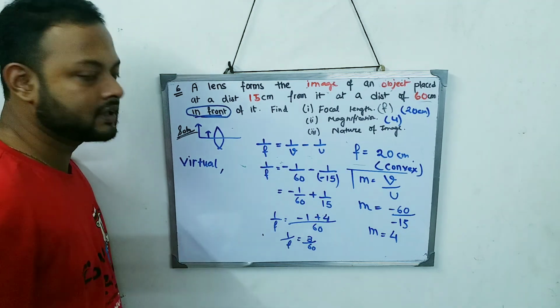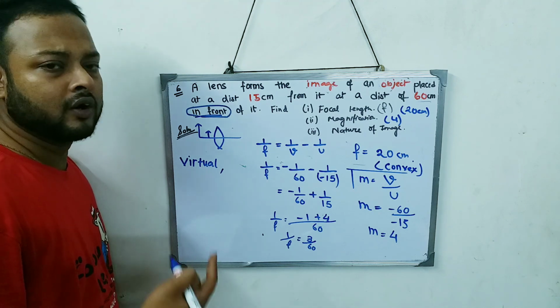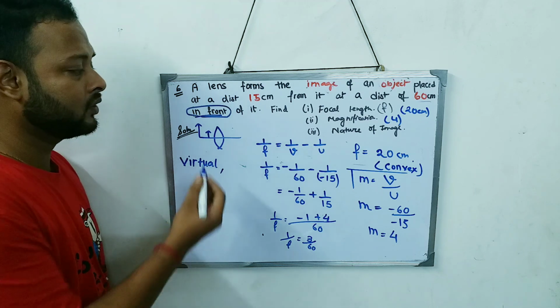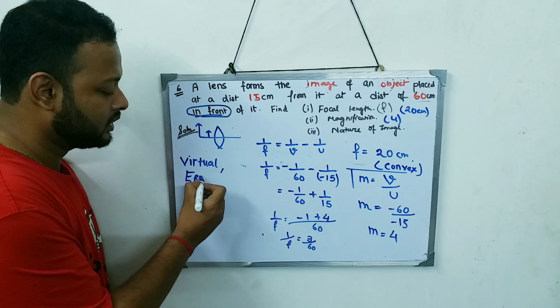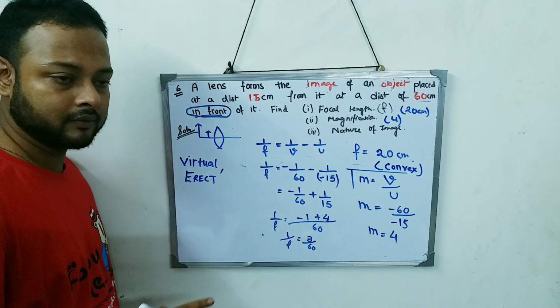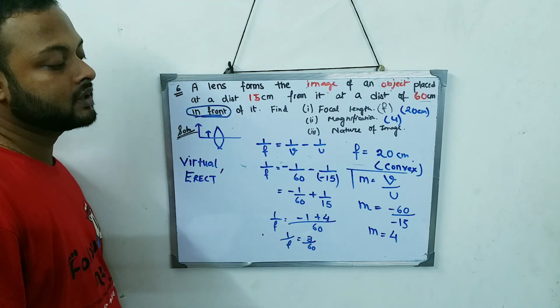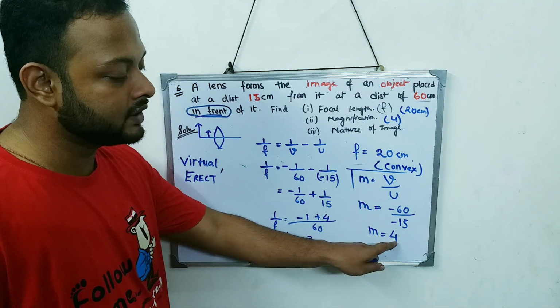After I got that as virtual, now I have to know whether it is erect or inverted. We know all virtual images are erect only. This virtual image is erect in nature. We know these things: real is inverted and virtual is erect. From class 7 we are learning these things. Now we have to know whether it's magnified or diminished. The value of m you can see is 4.